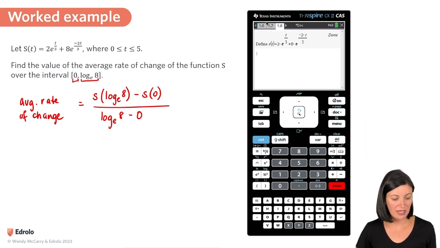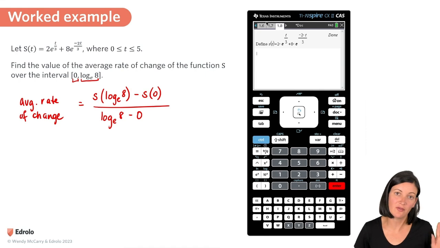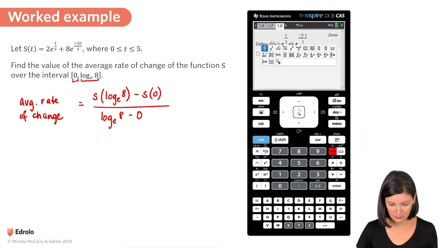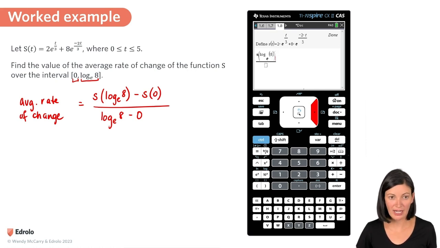Now I can write it in my calculator the way that I've written it on the page for you. So now I can just write s at log 8 base e, and then I'm going to subtract from that s at 0.